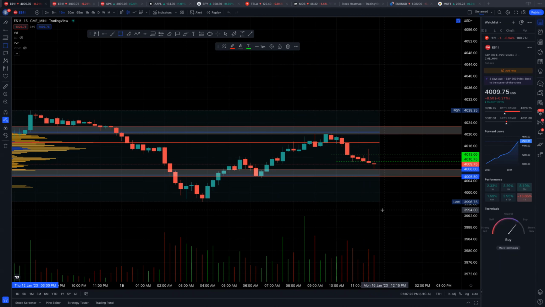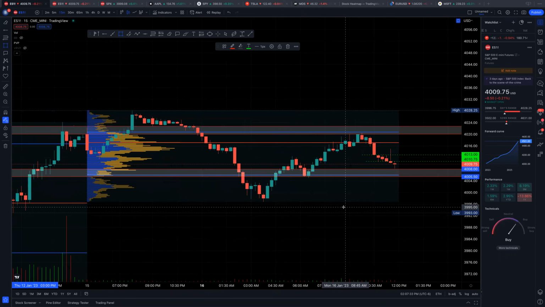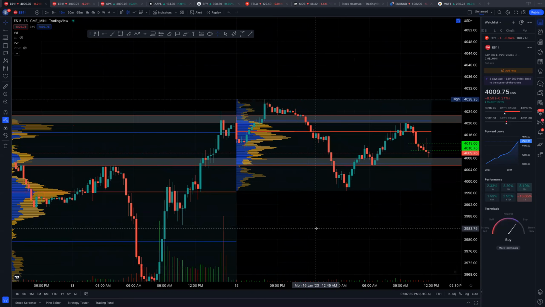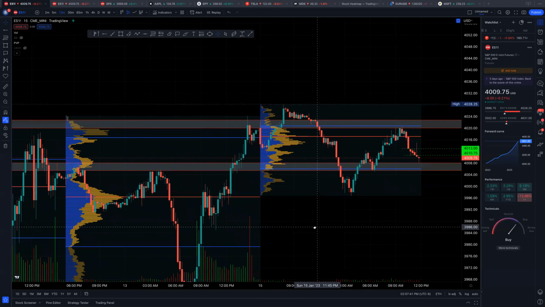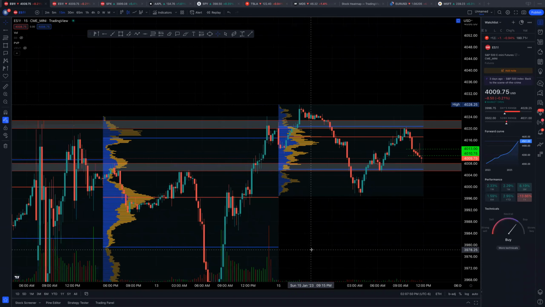And that's why it's really important to look at what happened in the past, along with the volume profiles, to see where we might find strong levels of support and resistance. You can see how this zone matches the low value area, and how this zone over here matches the value area high.